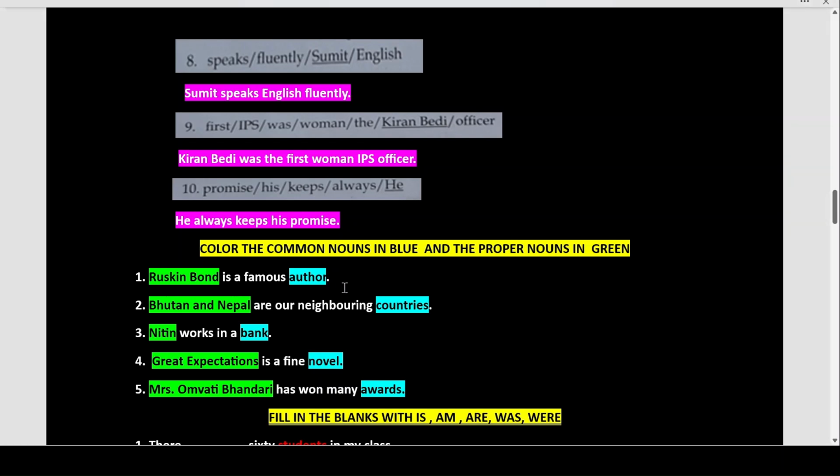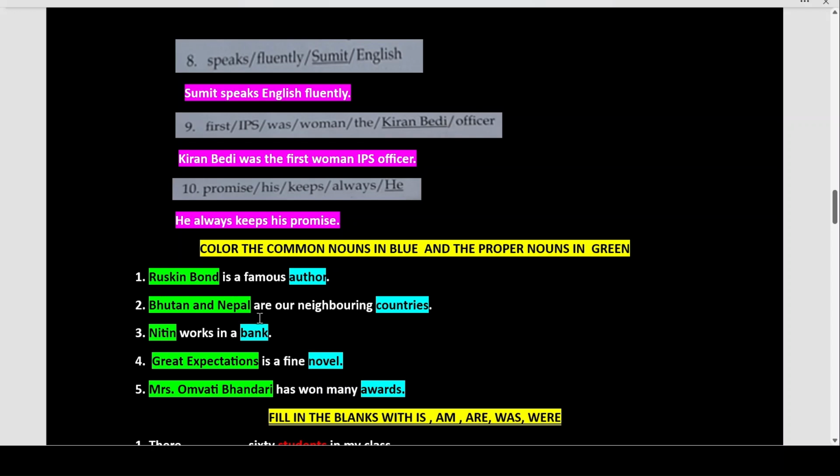Ruskin Bond is a famous author. In this sentence, Ruskin Bond is your proper noun. Why? Because it is the specific name of your common noun author.